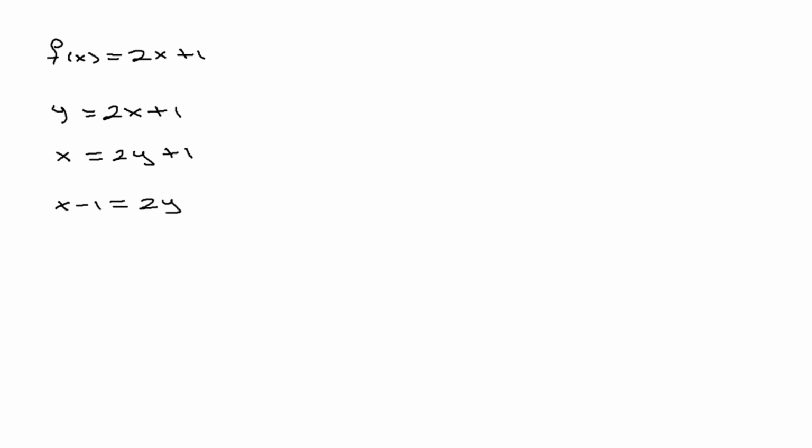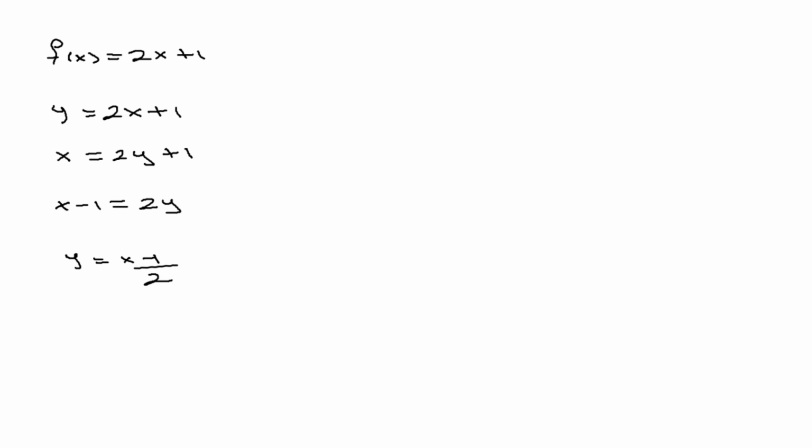Let's say there is a function f that is f of x equals 2x plus 1, and then let's say we have an inverse function that we're going to find. So we say y equals 2x plus 1, so x equals 2y plus 1, so x minus 1 equals 2y. So y equals (x minus 1) over 2.